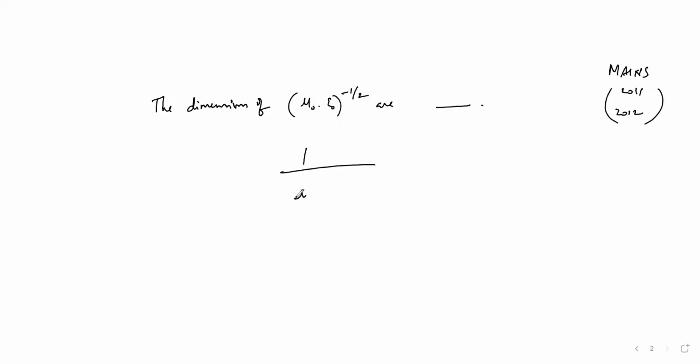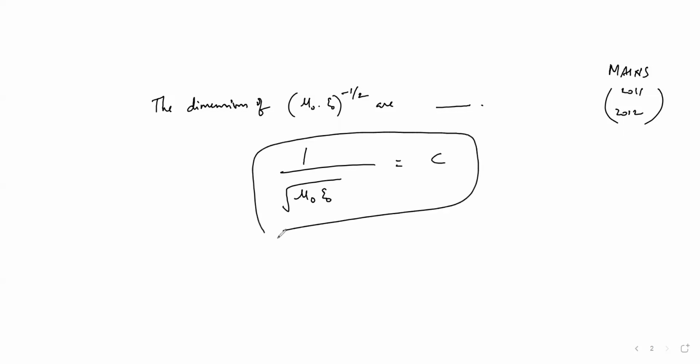This is nothing but 1 by root of epsilon naught mu naught. This is nothing but the speed of light. What is speed? Meters per second, LT^-1. This will be the units. Clear? Any doubts regarding this?